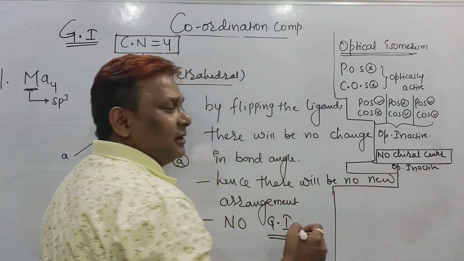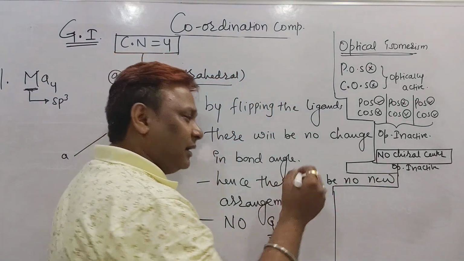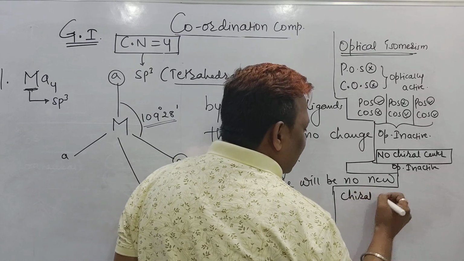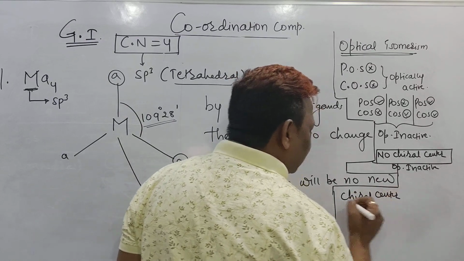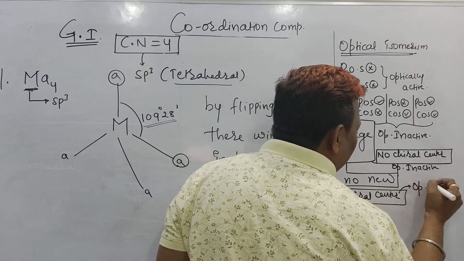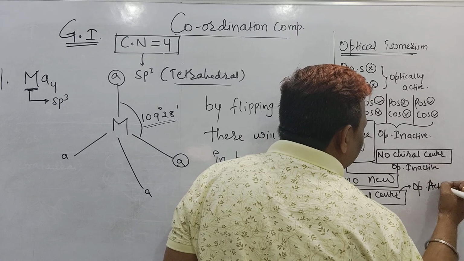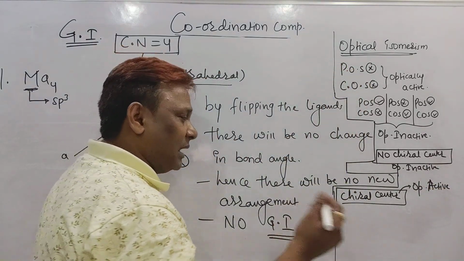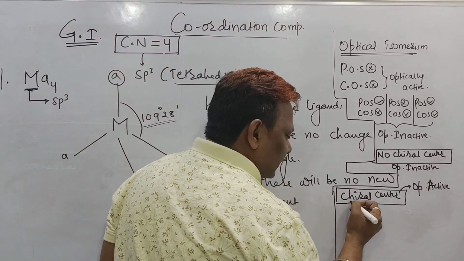That means if one of the complexes has a chiral center, I can say my compound is optically active. Maybe some students know about chiral center, some don't, but I will tell you what is meant by chiral center.